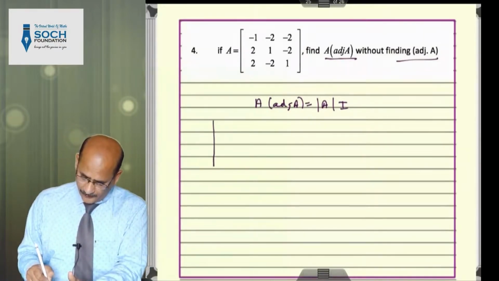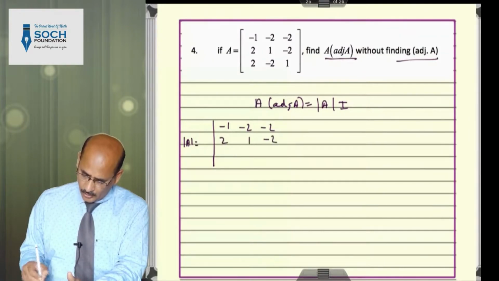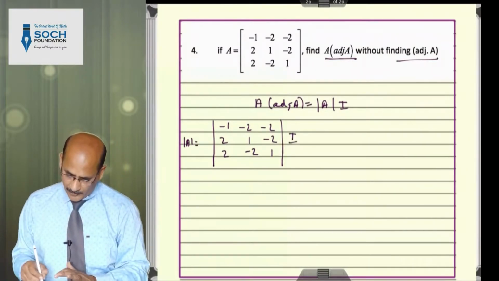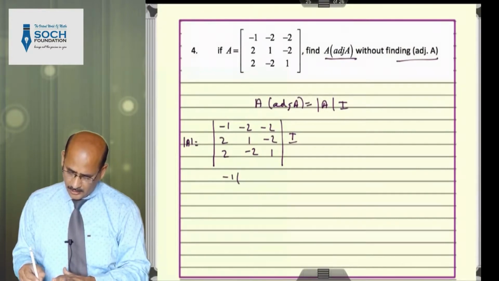So determinant A will be in this format. Determinant A will be equal to minus 1 minus 2 minus 2, 2 1 minus 2, 2 minus 2 1, into I. So I is the identity matrix. Let us find the determinant now. This is minus 1. This is 1 plus 4, 5. I beg your pardon.